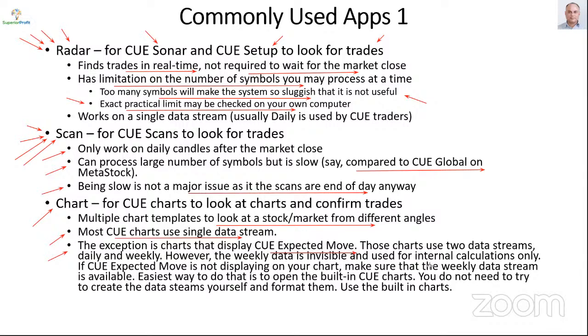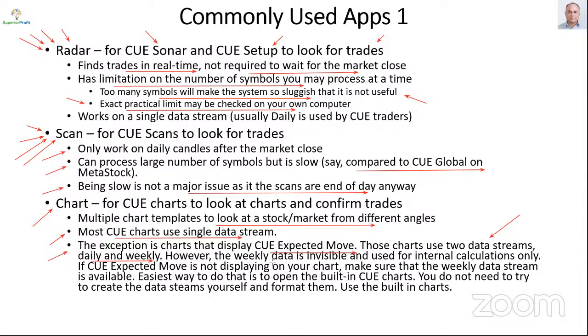One is the Q entry 2, another is the Q volatility chart. Those two charts have Q expected move and they actually use two data streams, daily and weekly. The weekly is used internally and it is invisible, but it is useful to mention that it has two data streams.